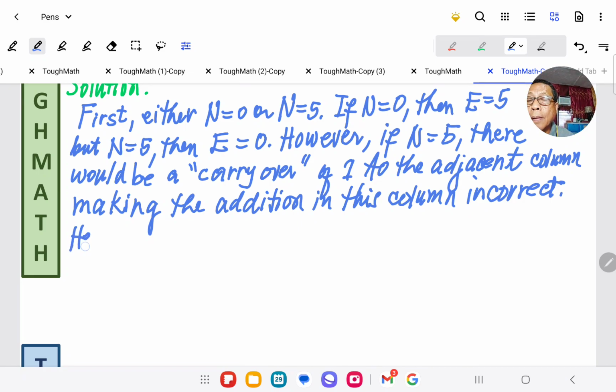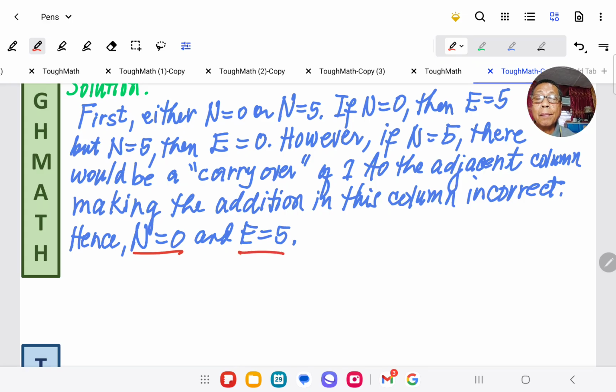Hence, N must be 0 and E equals 5. So this is our first result. N equals 0, E equals 5.